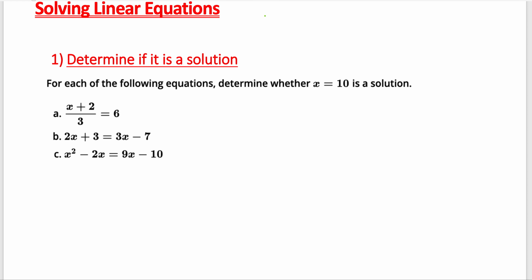The most important thing when you're doing algebra is how you set up your work. So I'm going to simulate here exactly the same way that I want you to write it down in your book. I'm putting A and writing it with pencil: x plus 2 over 3 equals 6.